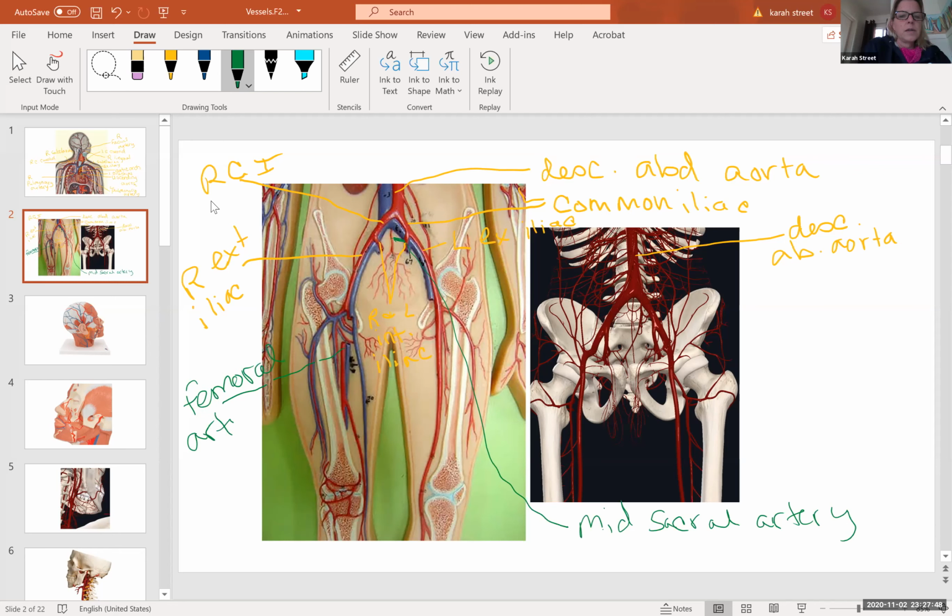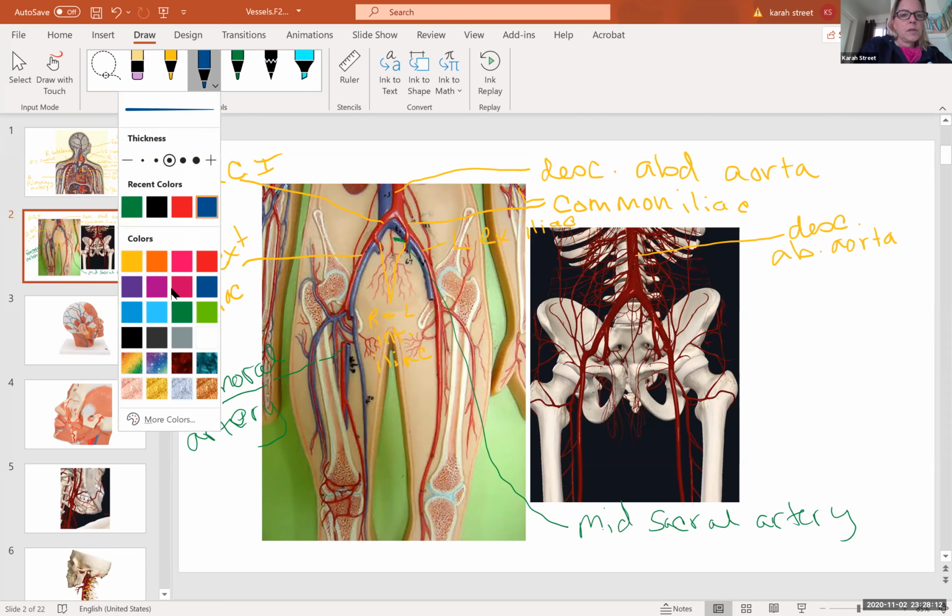And as I mentioned last week, on this model on the right-hand side, they have cut away the right femoral artery to show you vessels that are deeper, most notably the deep femoral artery, which I will point to using, let's use purple.